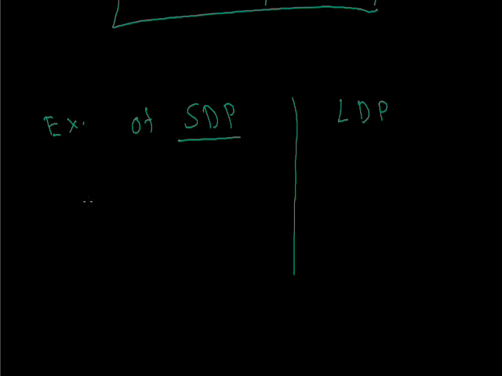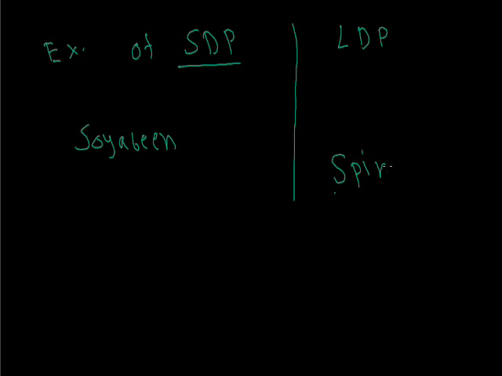As examples, the short day plant is soybean and the long day plant is spinach.